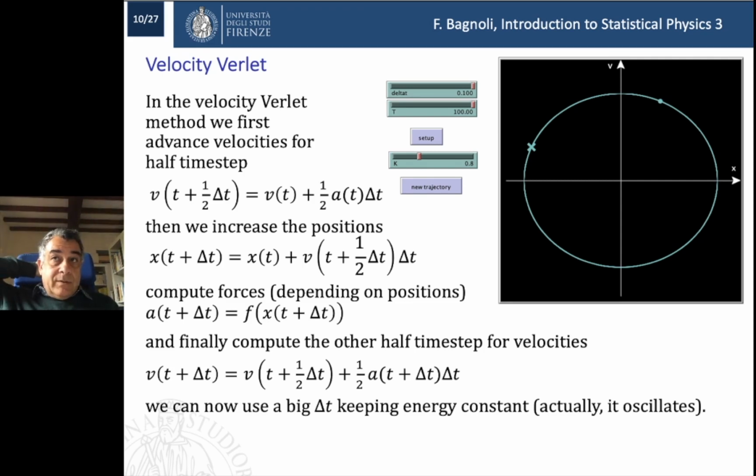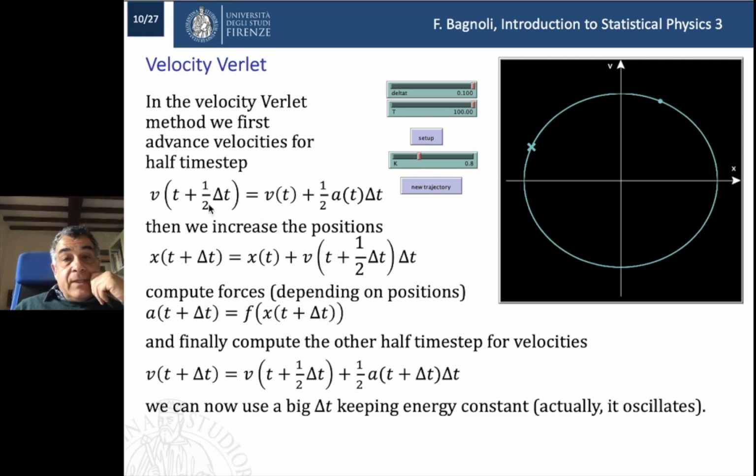If one wants to have higher precision, one has to spend more computing time, either lowering the time step or increasing the number of times I compute the function, the derivative. One good compromise is velocity Verlet.